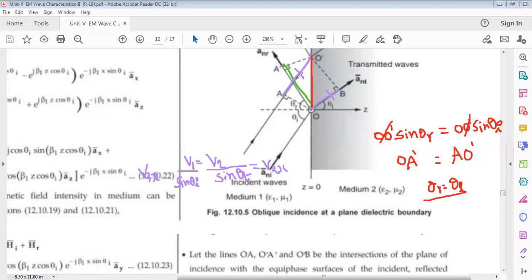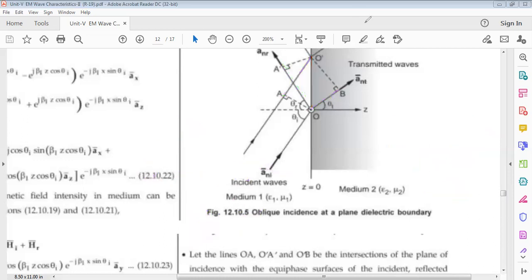The time taken for the incident to travel from A to O dash and the time taken in the medium from O to B is the same. V1x is equal to V2x. That is nothing but V1 by sine theta I is equal to V2 by sine theta T. Therefore, sine theta T by sine theta I we can write as, cross multiplying, V2 by V1. Okay.